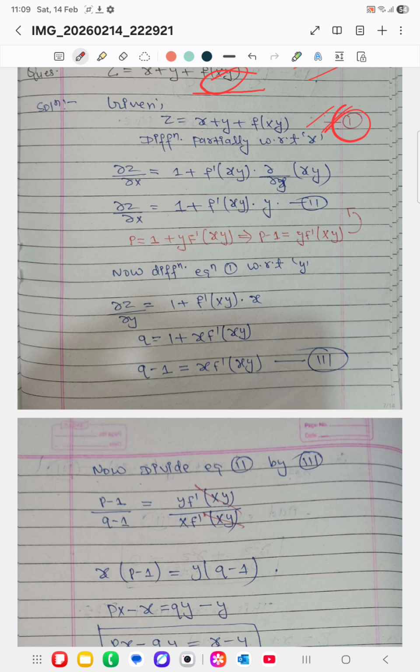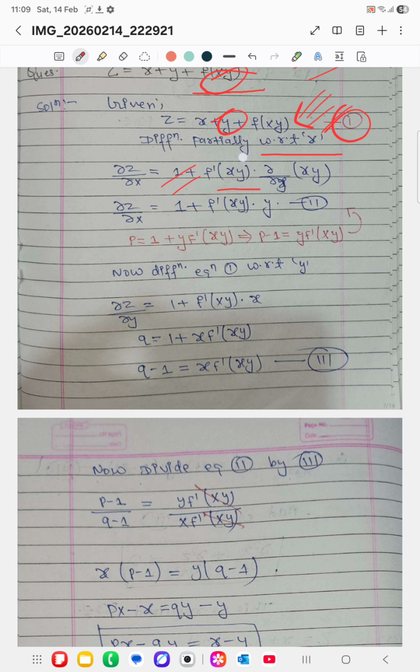Now partially differentiate this first equation with respect to x. We know that del x by del x is equal to 1, and the y term is constant, so it is 0, and I am not writing it here. Plus, we know that it is an undefined function, so f dash of xy is the partial differentiation of this term.